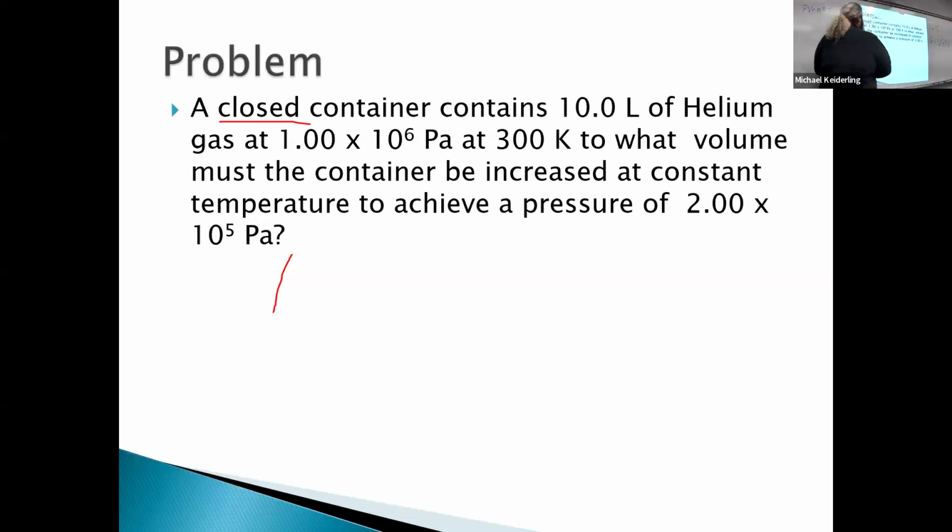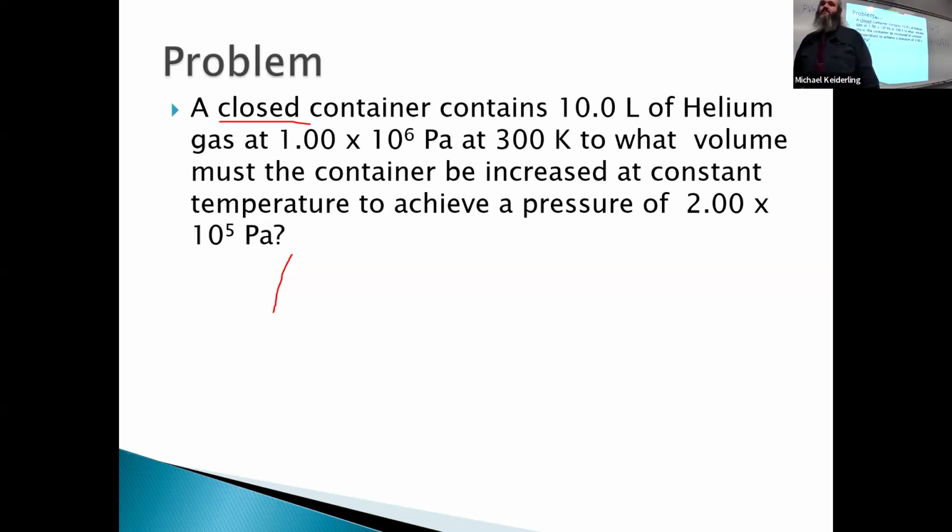So we have a closed container containing 10 liters of helium gas at 1.01 times 10 to the 6 pascals at 300 Kelvin. Here we're changing volume. To what volume must the container be increased at constant temperature to achieve a pressure of 2 times 10 to the 5th pascals?